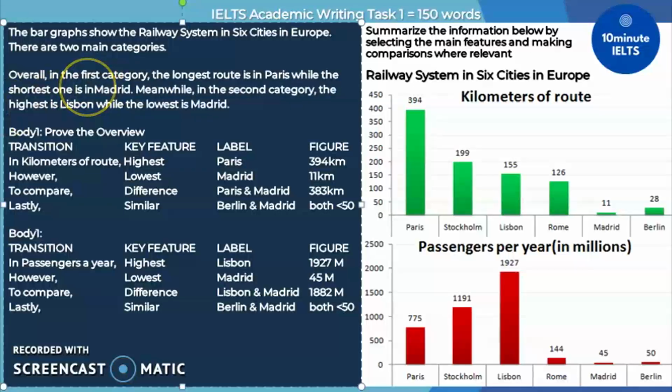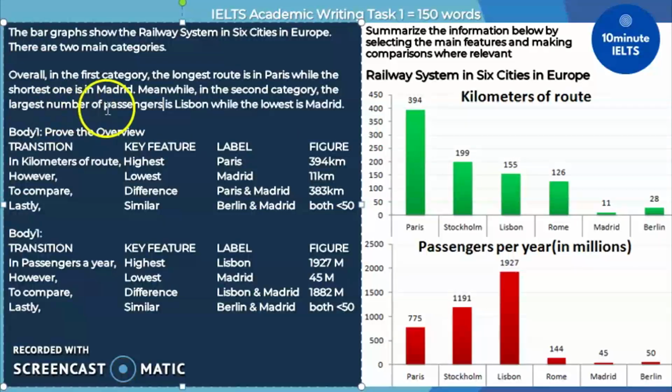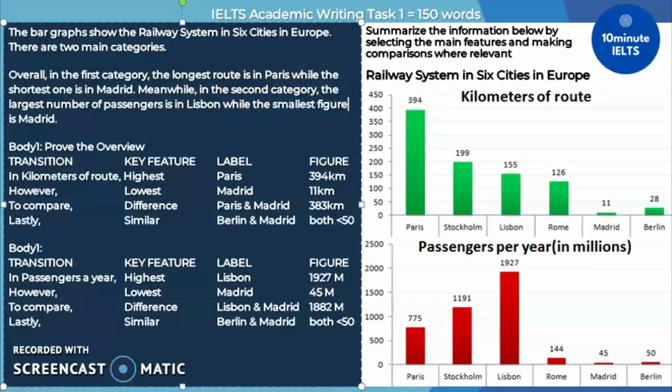Not only does making the word specific to the bar graph make it sound more natural, it also increases the word count. So meanwhile, in the second category, since we're talking about passengers, the largest number of passengers is in Lisbon, while the smallest figure is in Madrid.